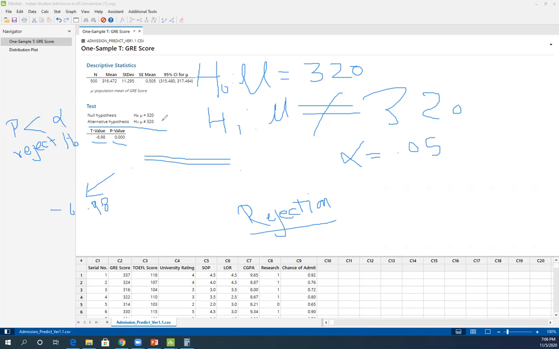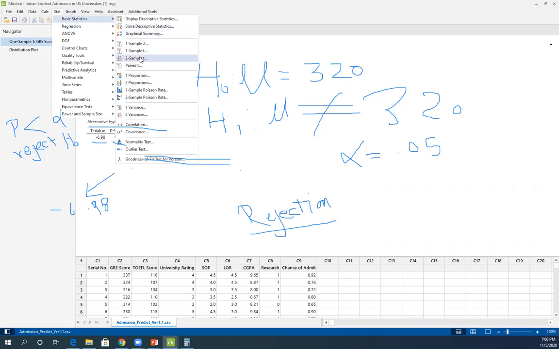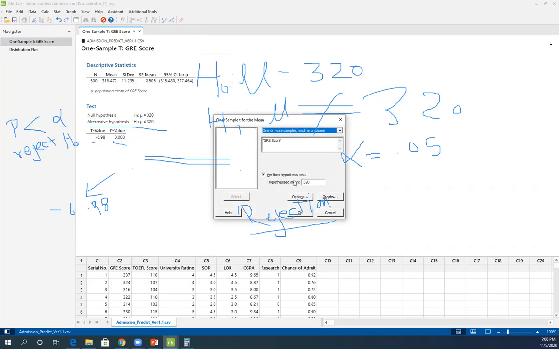Now let me check with another number. So let's say I'm going to use Stat, Basic Statistics, one-sample t-test. Instead of that, what number should I put? Let's say I'm going to put 316.